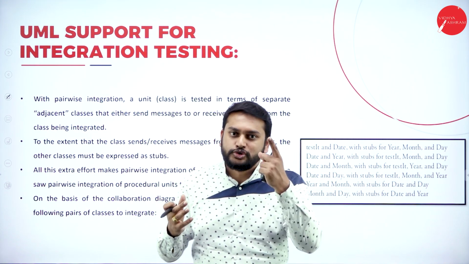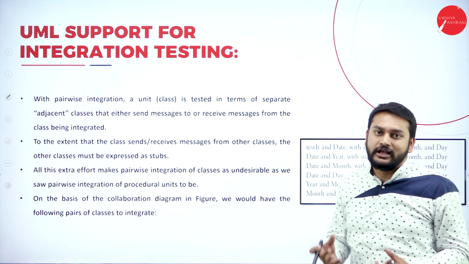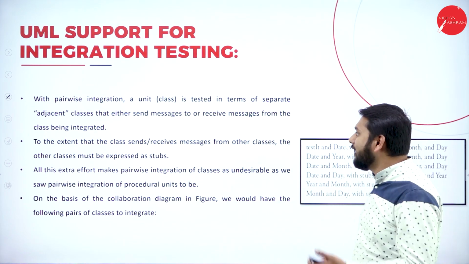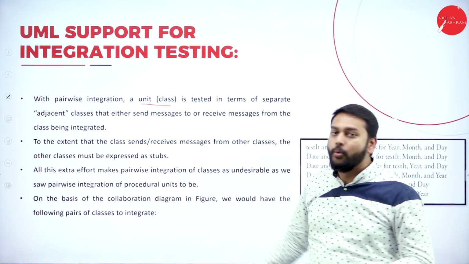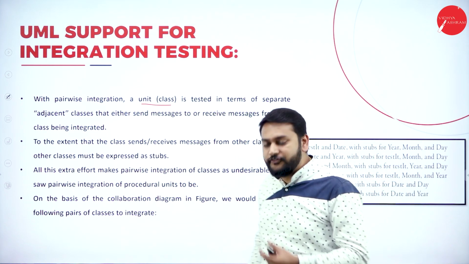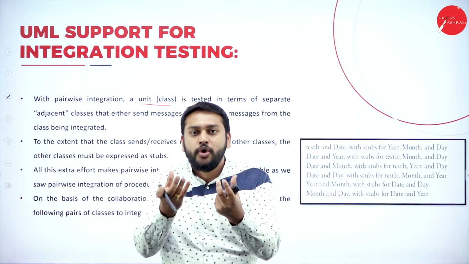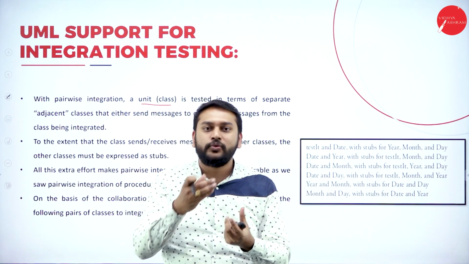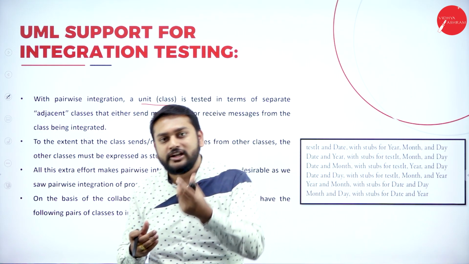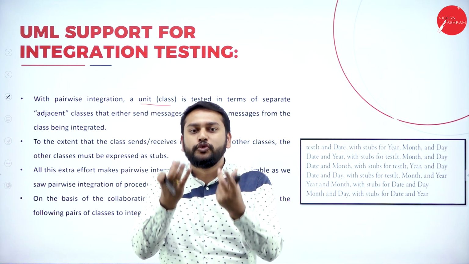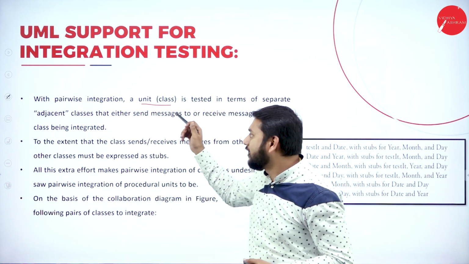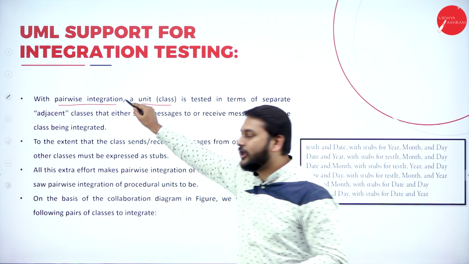Please observe, I will have 2 classes that I am treating. One class I am treating as 1 unit. Suppose I want to consider that class as a unit, I should have 2 classes: one class should send the request, another class should send the response. Obviously, I should have 2 classes, because this concept is what I call pairwise integration.